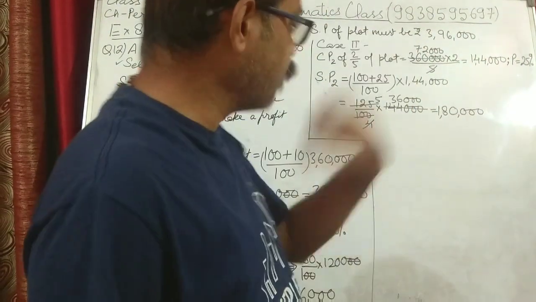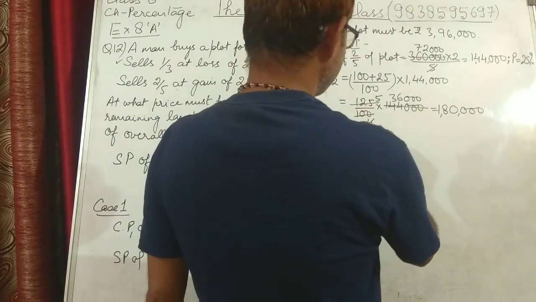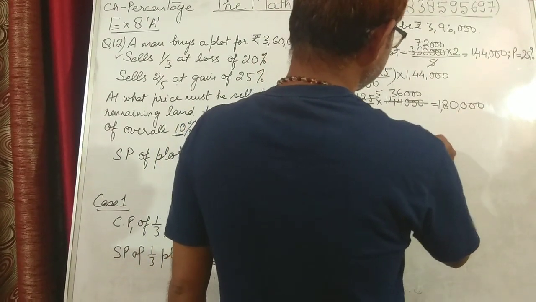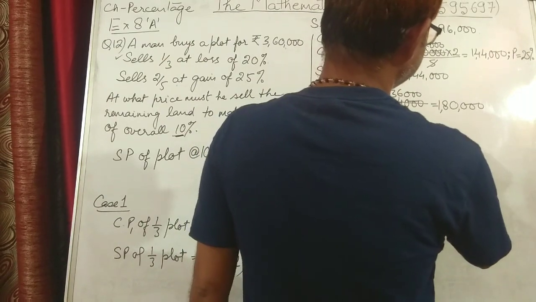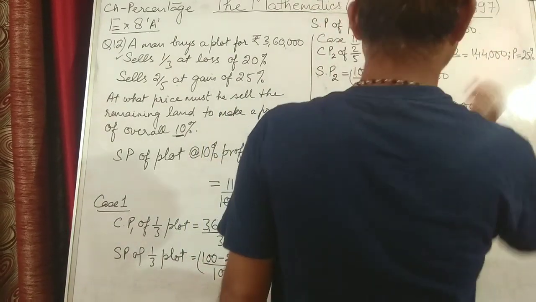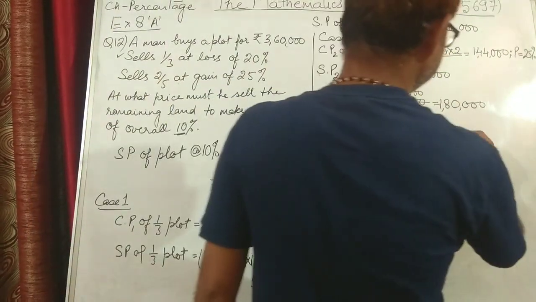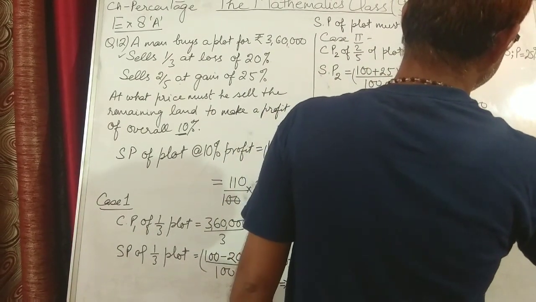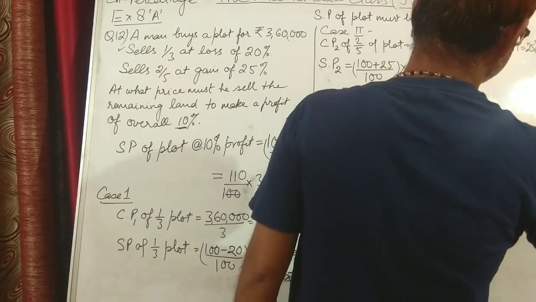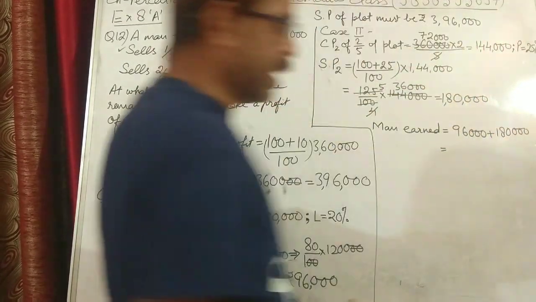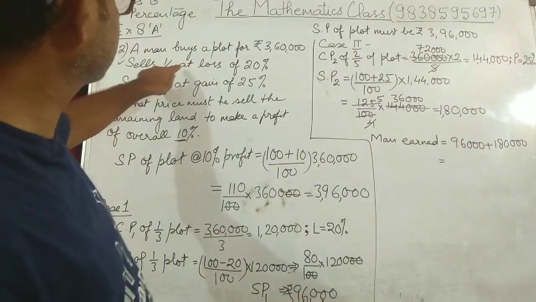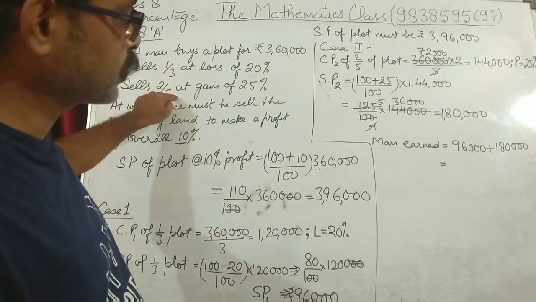He has to earn 3,96,000 rupees. How much has he earned? The man earned a total of 96,000 rupees plus 1,80,000 rupees. This is the total money he has earned till now by selling 1/3 of the land and 2/5 of the land.